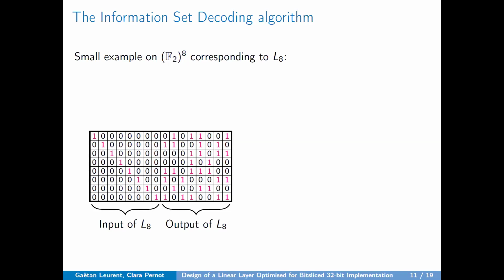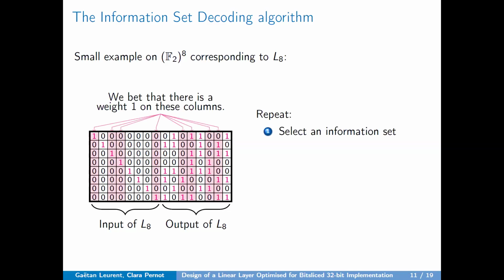Then this information set decoding algorithm works as follows. First, we need to select an information set. So this corresponds to selecting randomly 8 columns. And we expect that the lowest weight word has a weight exactly 1 on this information set.